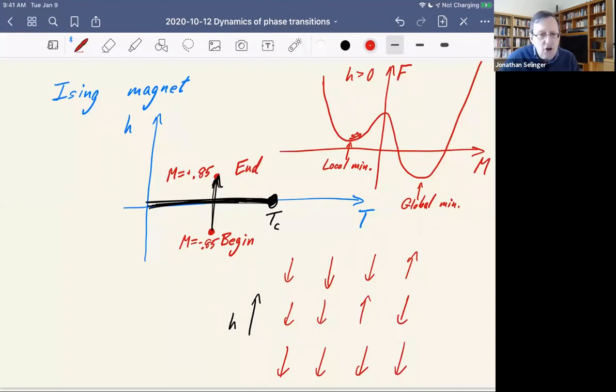The physical word for these kinds of things, this is the stable state, and this is a metastable state.